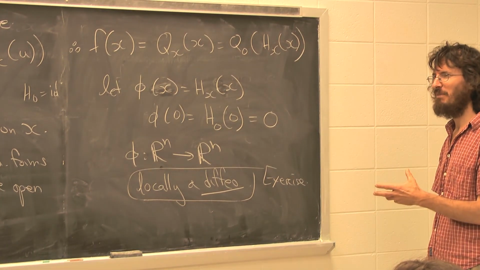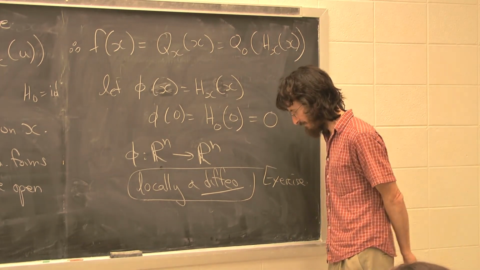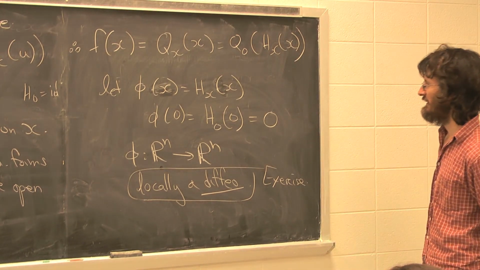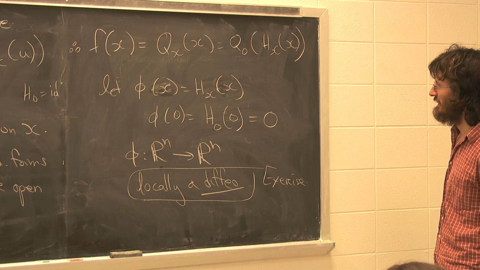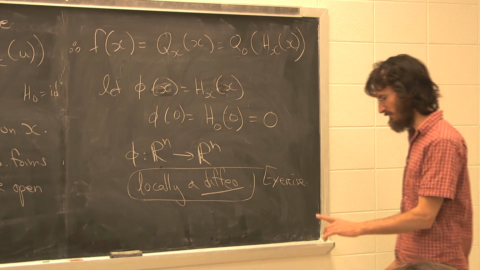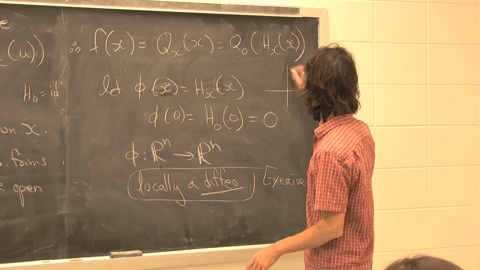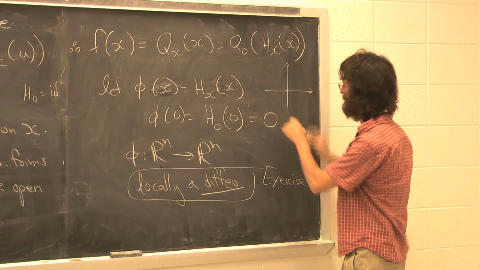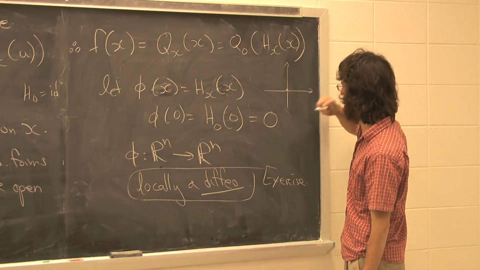Okay. So suppose, for example, why would it fail to be a diffeomorphism? Suppose we're in R2, right? At the origin we have the identity, right?